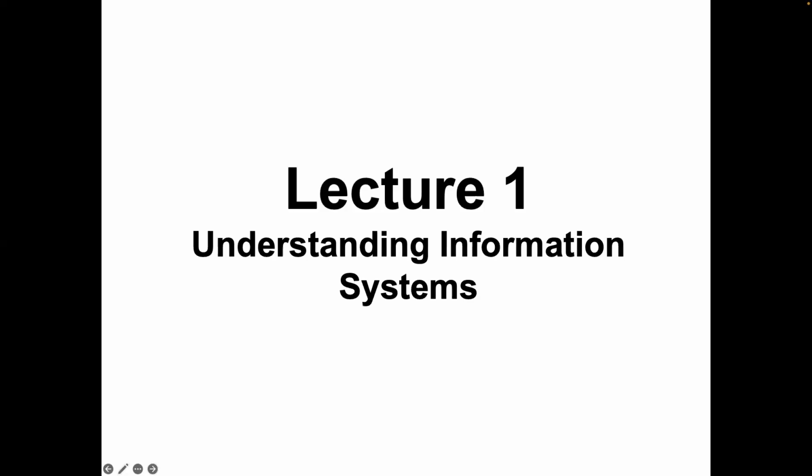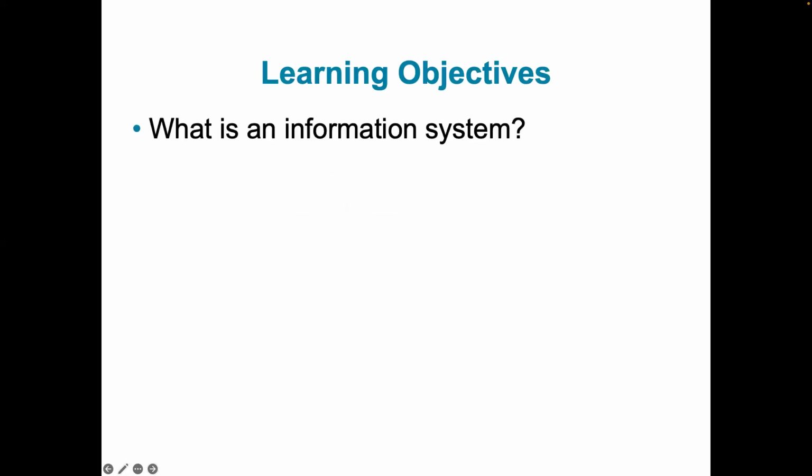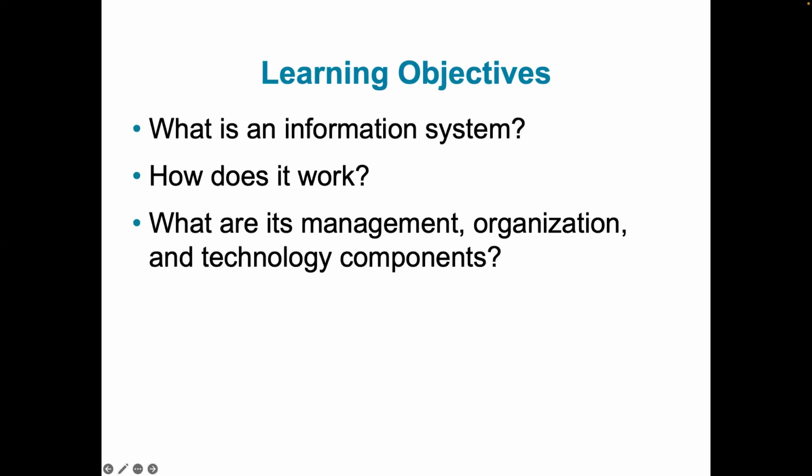Okay. So we are going to recap, and then we can proceed, trying to understand what we mean by information system. Last week, our main focus was to understand what we mean by an information system, how it works, and the three components of it: the management, the organizational, and the technology components.